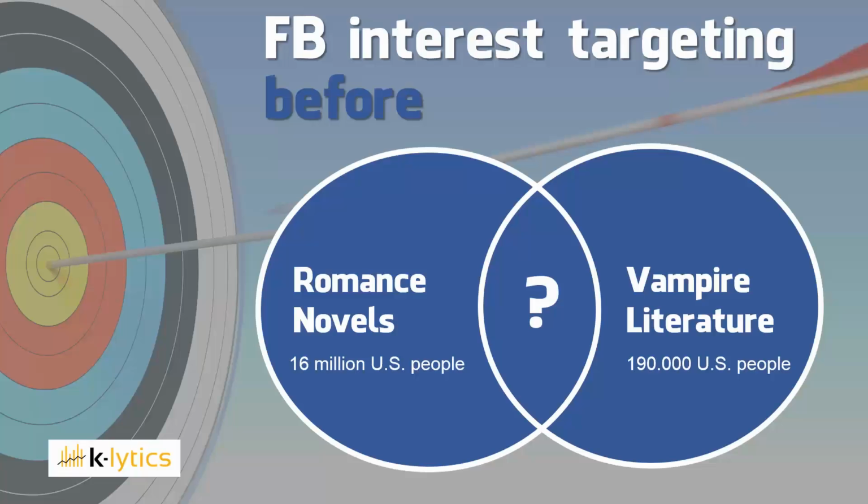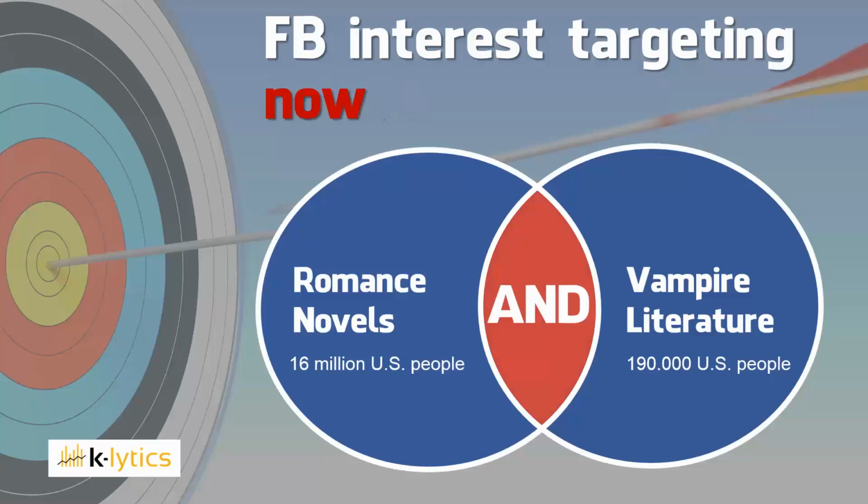The ad may be shown to people who like romance novels in general, but who actually hate vampire-related literature. Or vice versa, it is shown to people who like vampire literature, but who hate romance. And that's exactly not what you want to have.